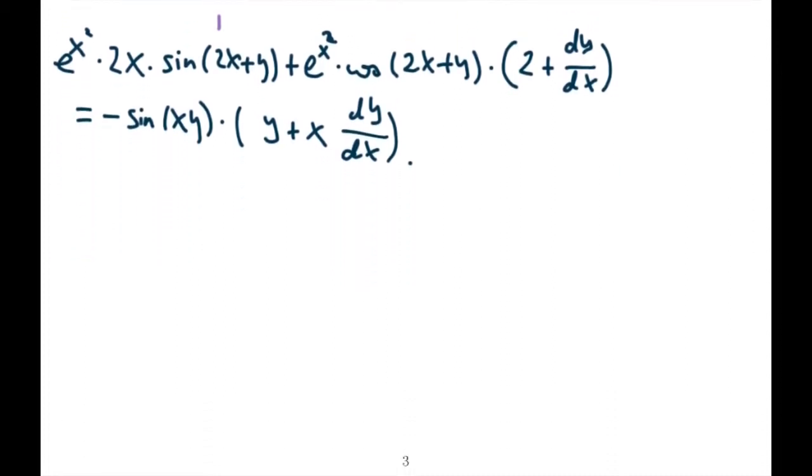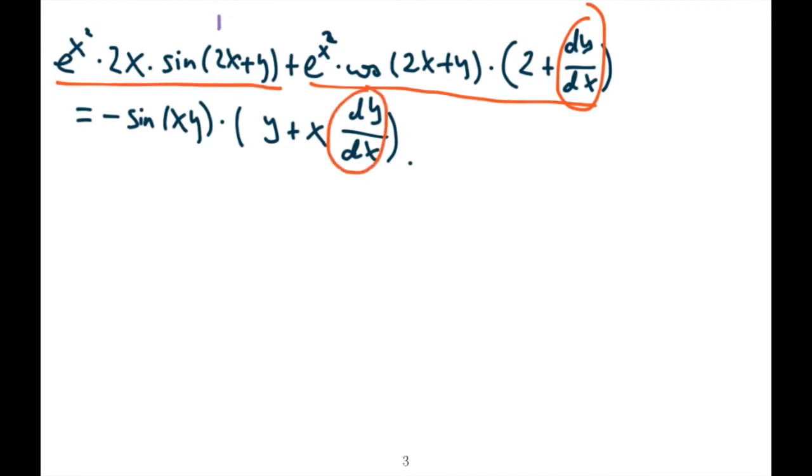So this is the equation we found so far, and then we're going to solve for dy over dx. We can see that for this term here there's no dy over dx, for the second part we have dy over dx here, and for the right-hand side we have dy over dx here.